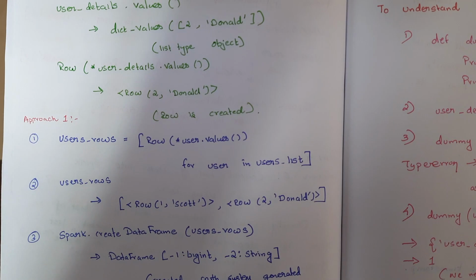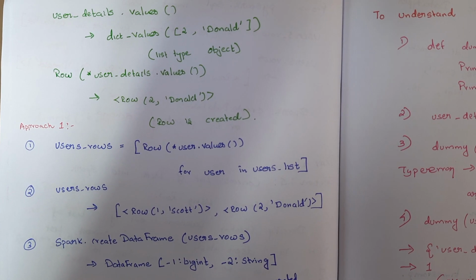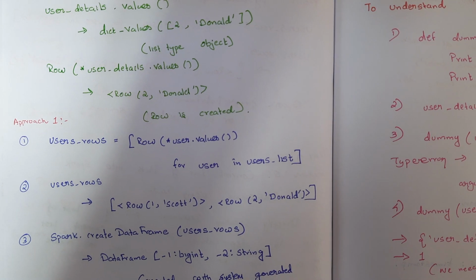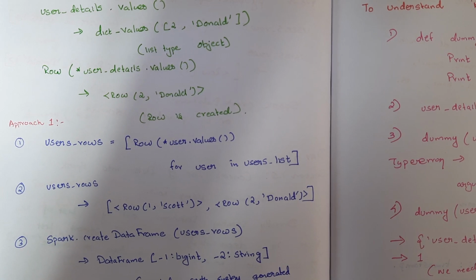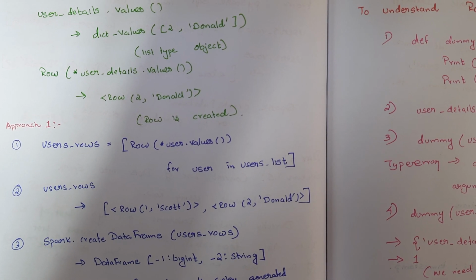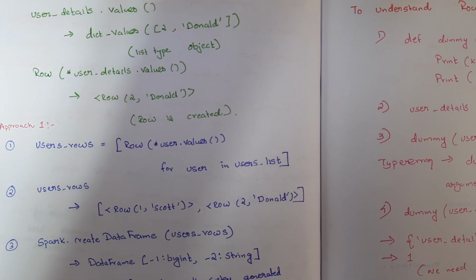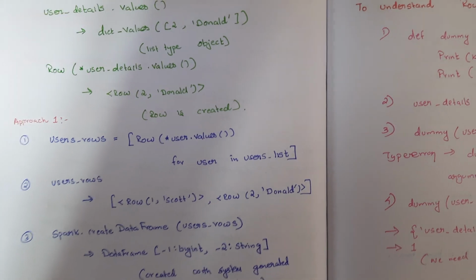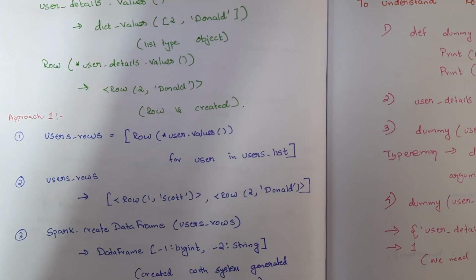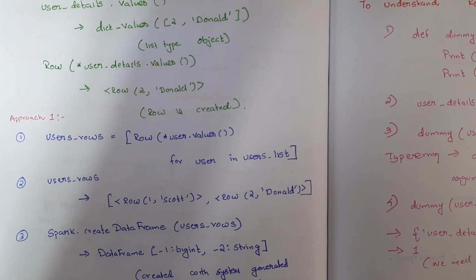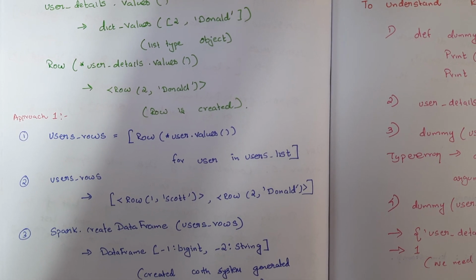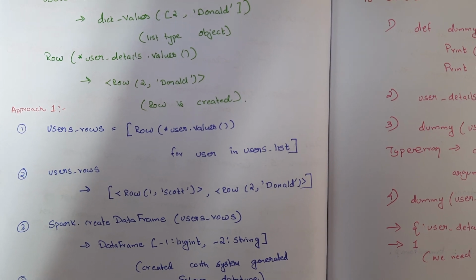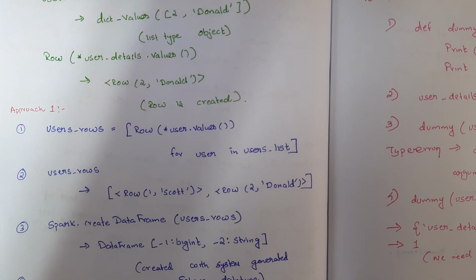Now if you print users_details.values(), because users_details is nothing but a dictionary, I will get the list of values 2 comma Donald, which is a list type object. Now if I do Row(*users_details.values()), I will generate a Row out of the dictionary values. So Row of 2, Donald, so the Row is created.